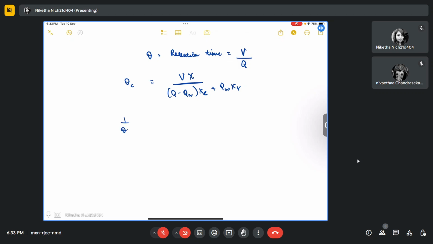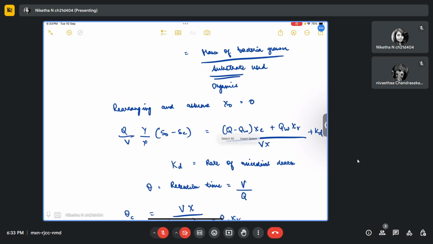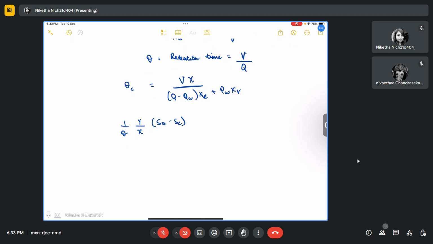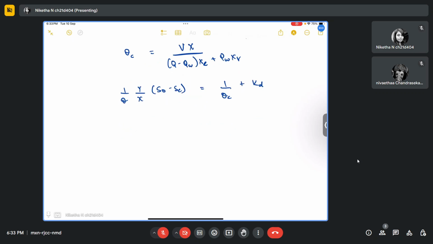Now taking 1 by theta, we have Y by X into S naught minus Se. We are just substituting all this in this equation. So this is 1 by theta c plus Kd. This will give us Y into K Se by Ks plus Se equals 1 by theta c plus Kd.